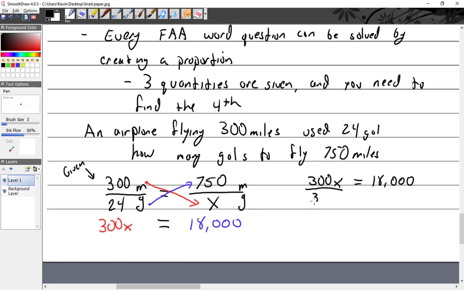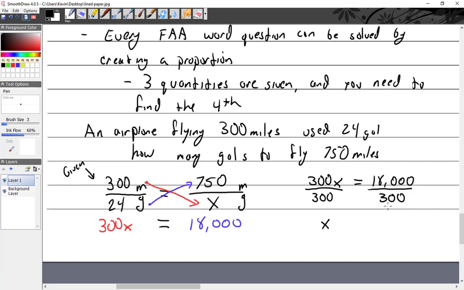Whatever you do to one side of the equals, you have to do to the other. So 300x divided by 300 is 1x, which we just write as x. Over here I've got 18,000 divided by 300.